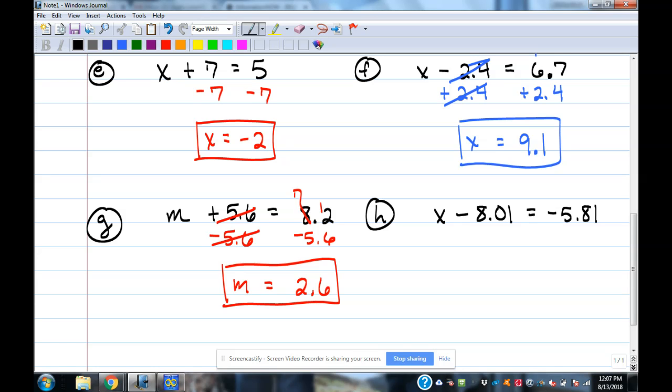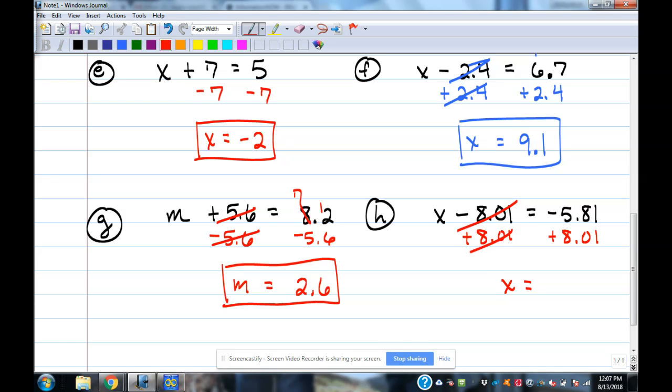What do we do to solve this one? We're going to add 8.01 to both sides. $8 and a penny. These cancel. There's x by itself. That's what we're trying to get, the variable by itself the whole time.